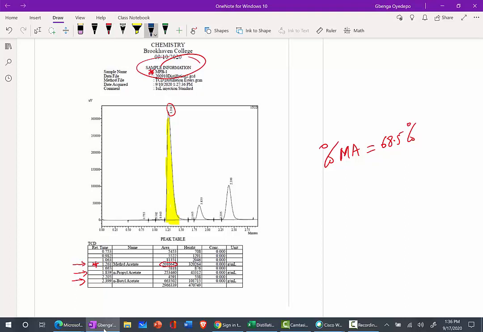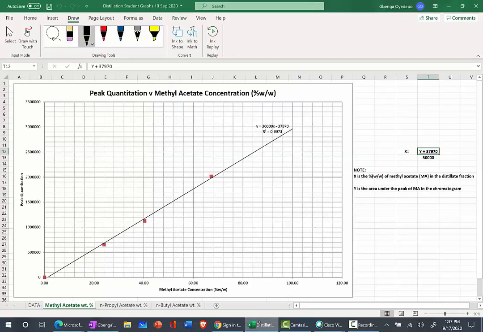Let us take a look at N-propyl acetate. This is the peak for N-propyl acetate. I want to know the percentage of N-propyl acetate in the standard, which means I need to look at the area under the peak as provided by the computer. In this case, it is 253460. Then I will go to the calibration curve.